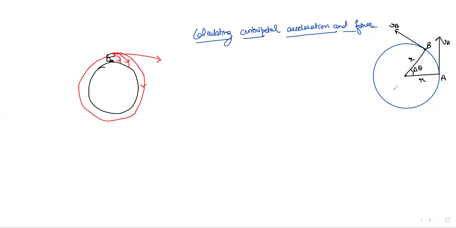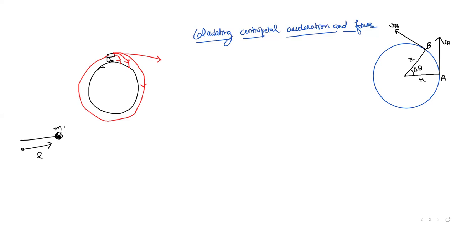Before deriving this expression, if I ask you what factors the force required to keep a body in circular motion depends on: let's say there is a stone tied to a string of length L, and the mass of the stone is M. When it revolves in a circle, a centripetal force will be there.